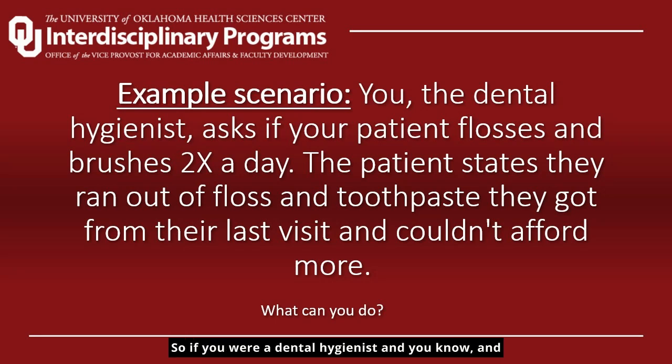If you were a dental hygienist, and we know so much more now than we used to about how important the health of the mouth is to the overall health of the patient, you have a patient and you ask them, like we all get asked, do you floss and brush twice a day? It's not always the case that we get somebody who's really honest with us, but the patient says, I ran out of floss and toothpaste after that I got on my last visit, and I can't afford to get more.